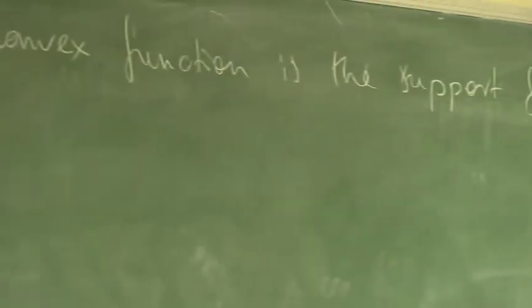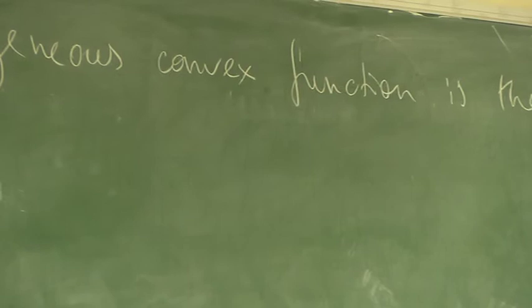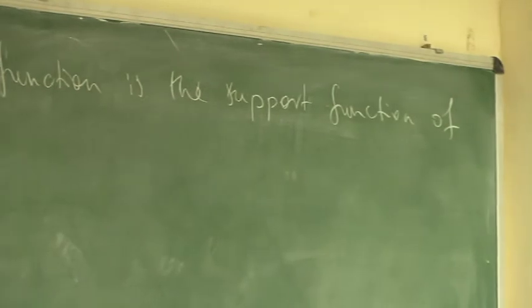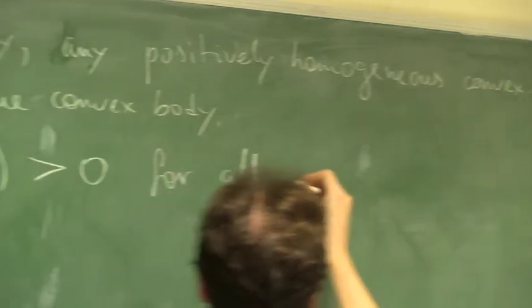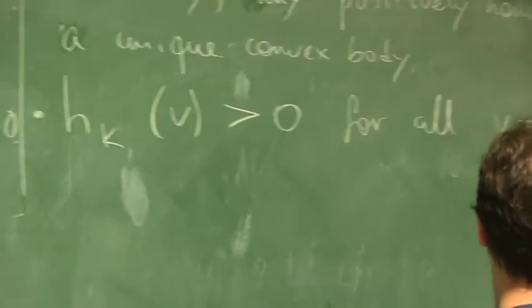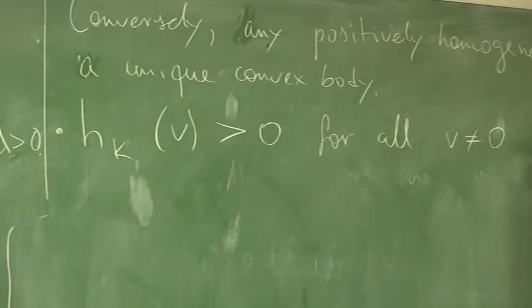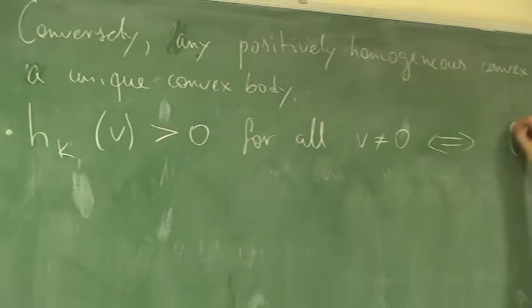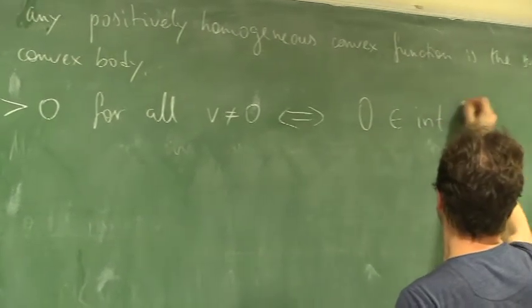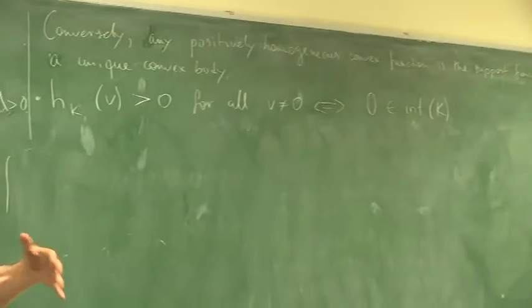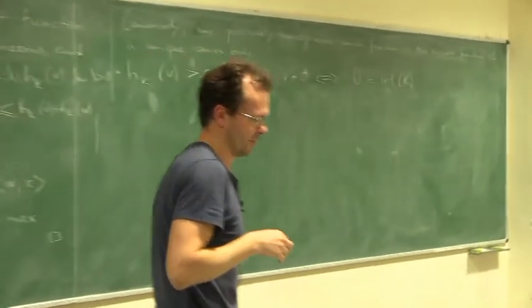So when is the function h_K non-negative? h_K of v is bigger than 0 for all non-zero vectors v if and only if 0 belongs to the interior of K. Then the distances to all support hyperplanes will be positive if the 0 is not outside.